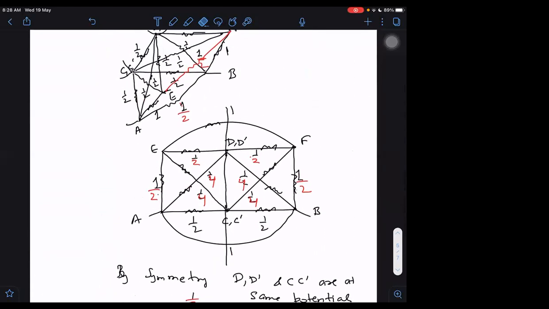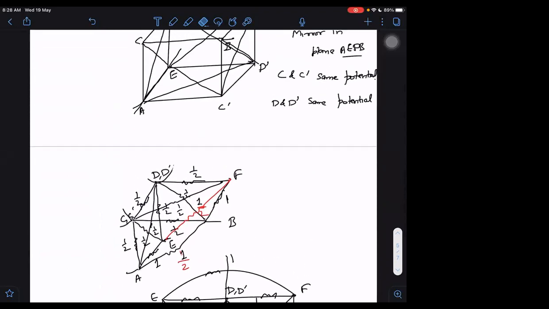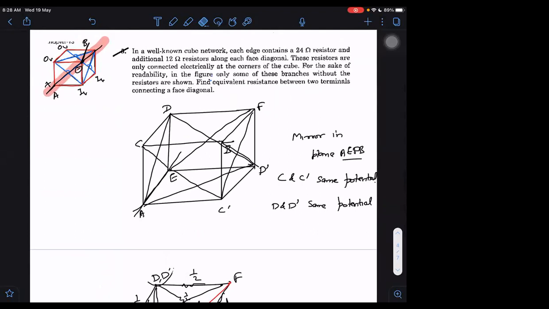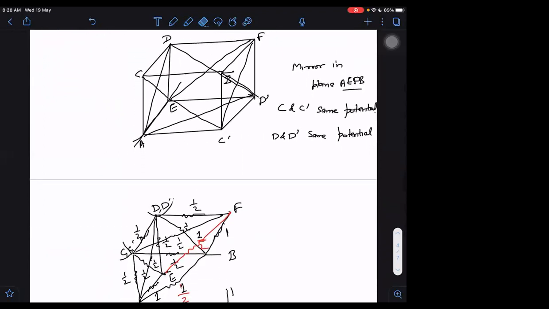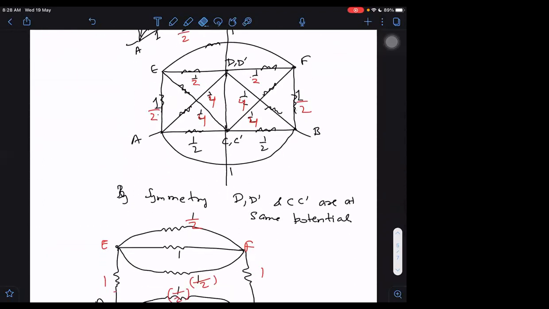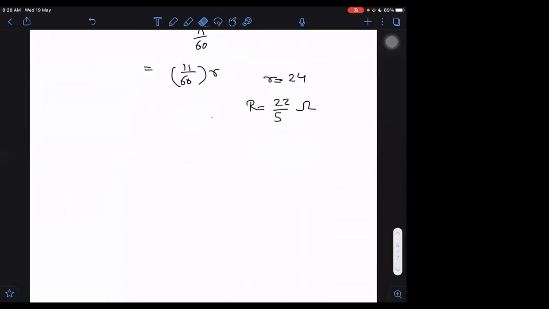But the first process was clearly wrong because there I had taken all the resistances equal. Why is it coming out to be 22 by 5?